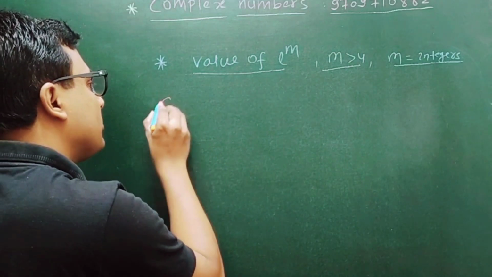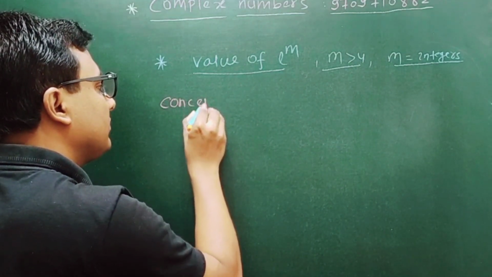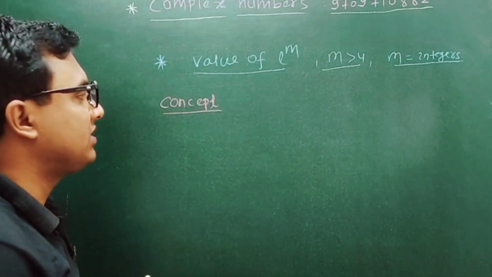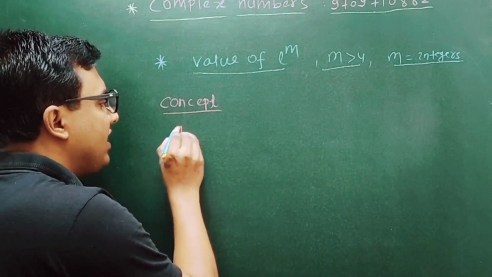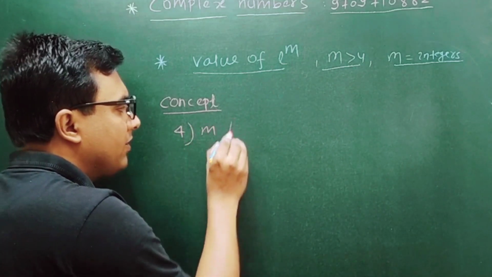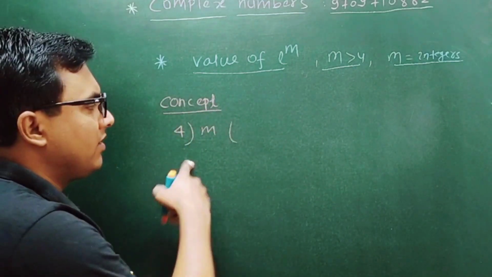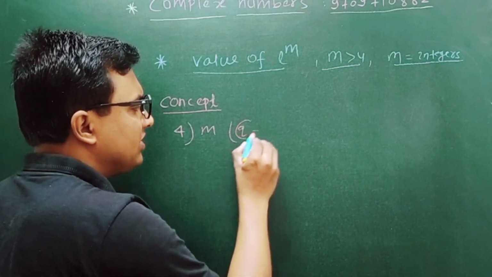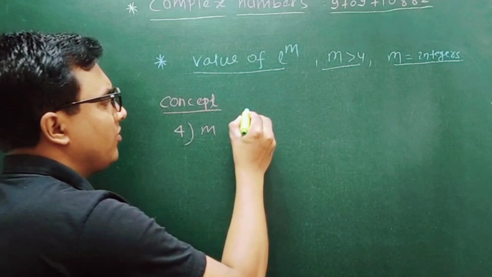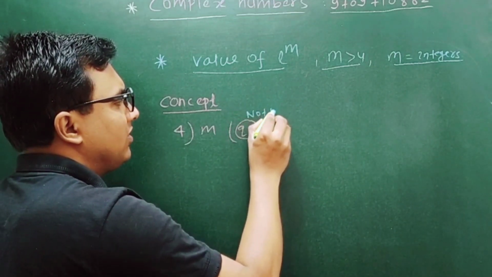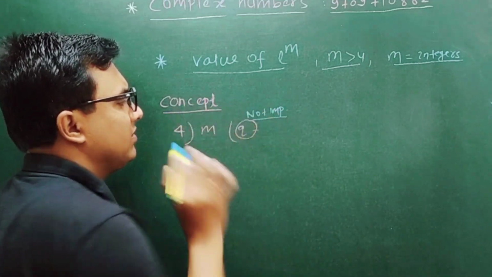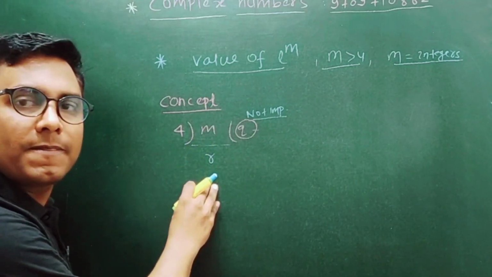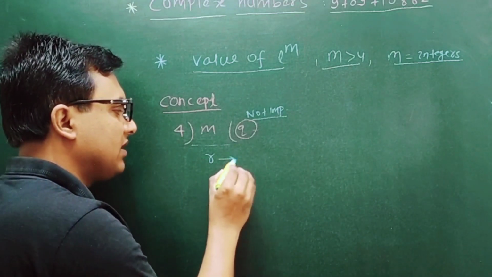See here, the concept. Divide m by 4. We get a quotient q here, but this is not important. See here, we also get a remainder, and this is very important.